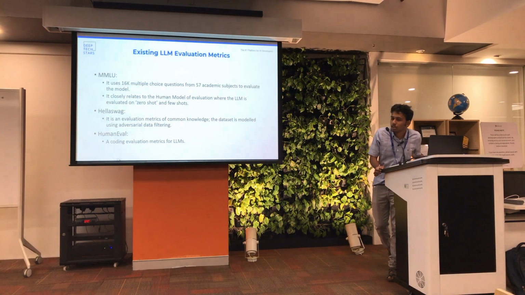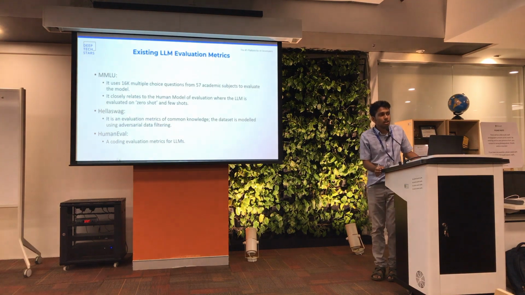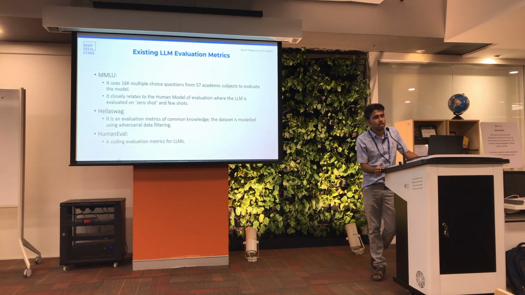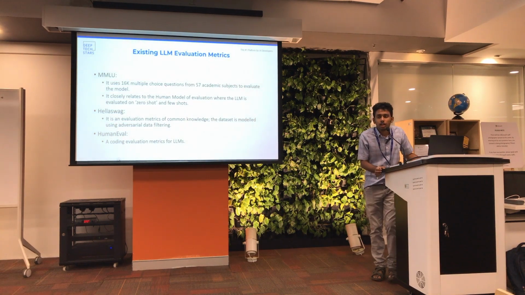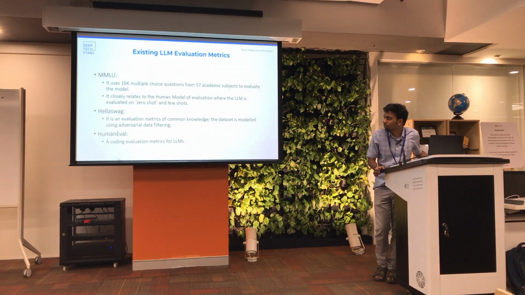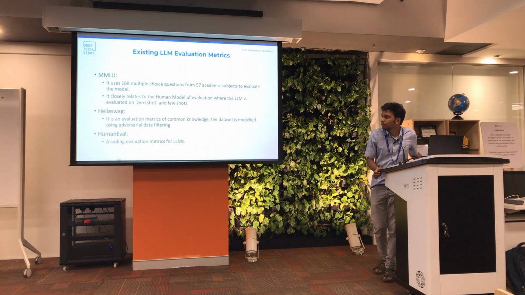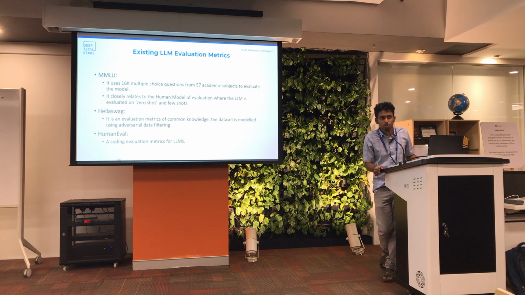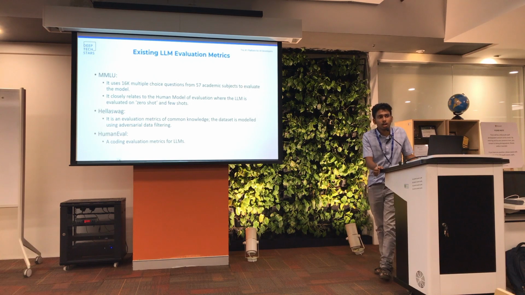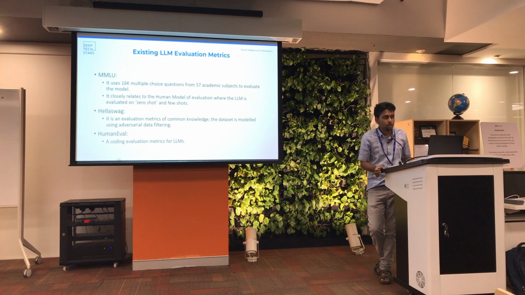So MMLU, you just give the model a few multiple choice questions and ask it for an answer. And it closely relates to how we learn and we answer things. There are a few ways in which it's evaluated, like zero shot and few shot. In zero shot, you just ask it a question and it answers, and we evaluate on that.